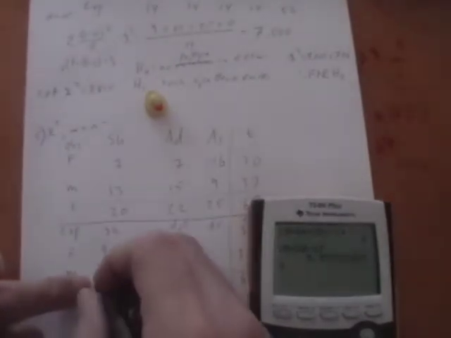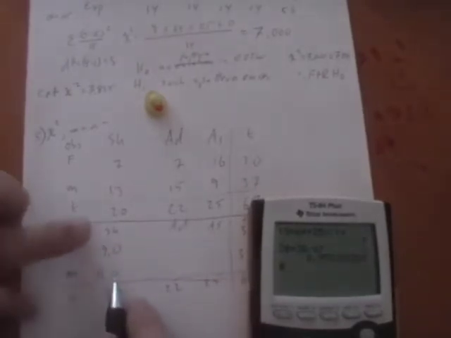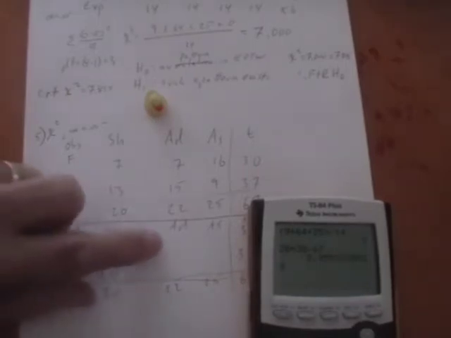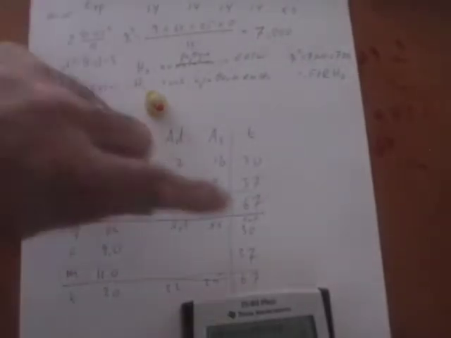Now, instead of calculating this the same way, I know that it has to be 11. 9 plus 11 is the only way to get to 20. This value should be 30 times 22 over 67.